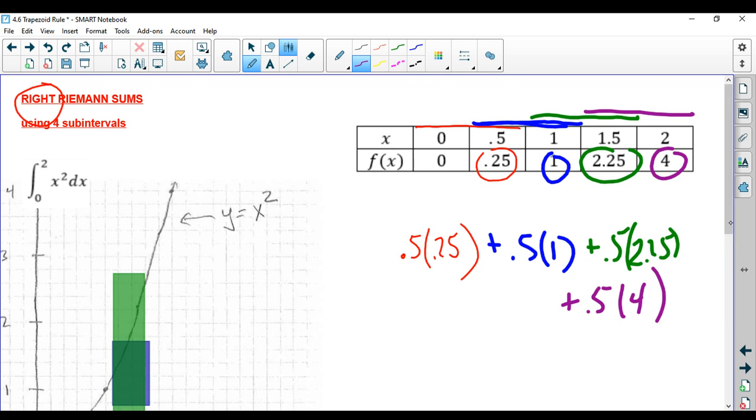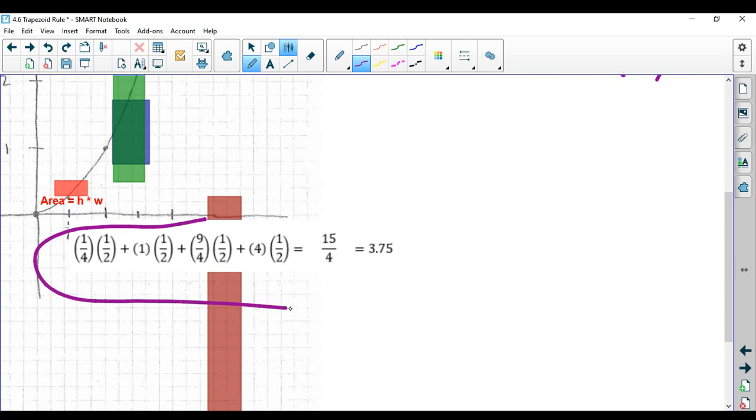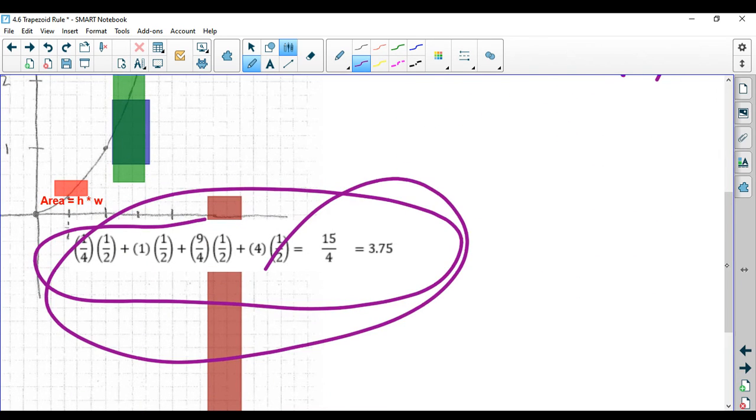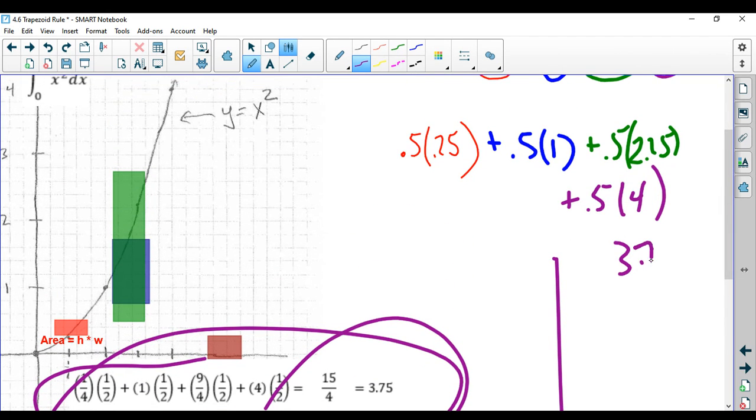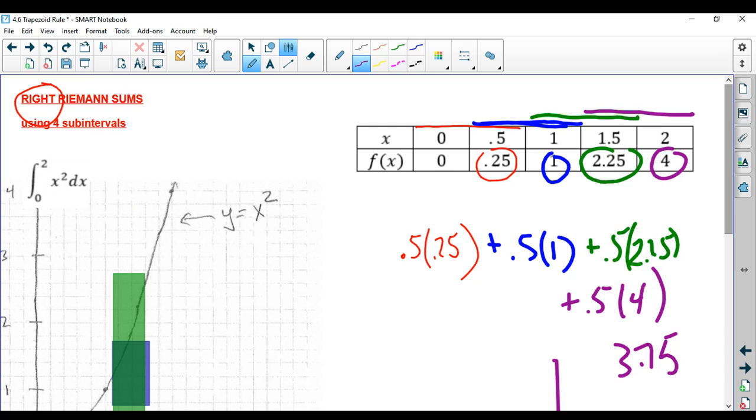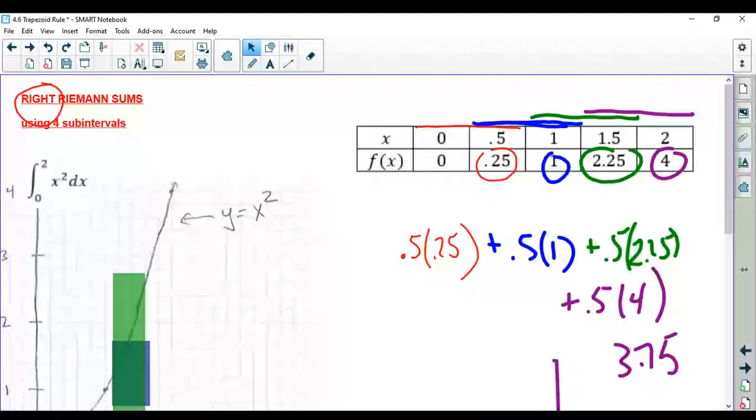So when you do the math, that's all this is. It's just fractions. It's 3.75. Now, if you get really good at this or you really understand it, you don't even have to do all that. You can just do this. But you really have to understand what you're doing to do this.